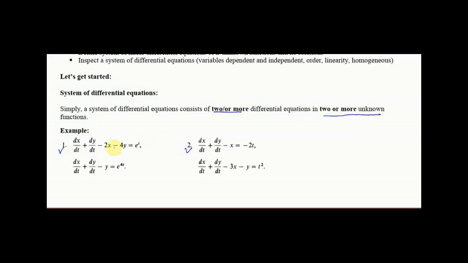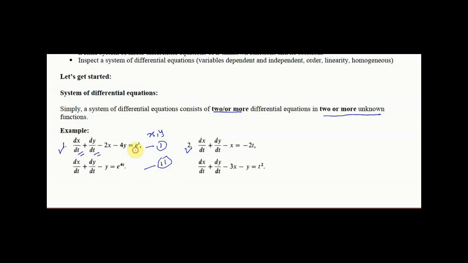Here we can see the unknowns are x and y, and these are first order ordinary differential equations, and there are two equations, equation 1 and equation 2. These two equations constitute a system of differential equations.